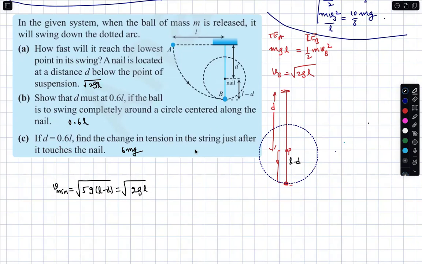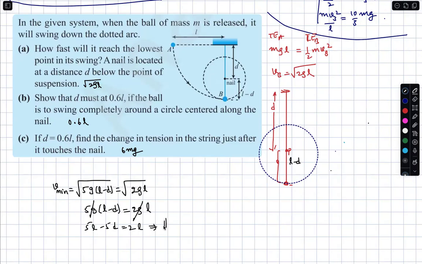You derived that here. You have clearly derived it here. Yes or no? Now you square on both the sides, you get 5G(L minus D) is 2GL. Happy to do this. 5L minus 5D is 2L.